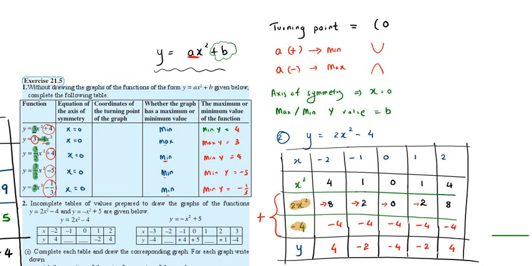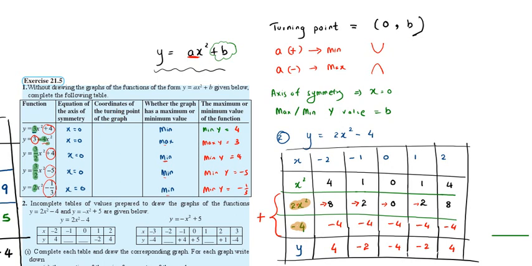The y coordinate is going to be exactly this b value. So always the x coordinate of the turning point is 0 and the y value is simply the b value.